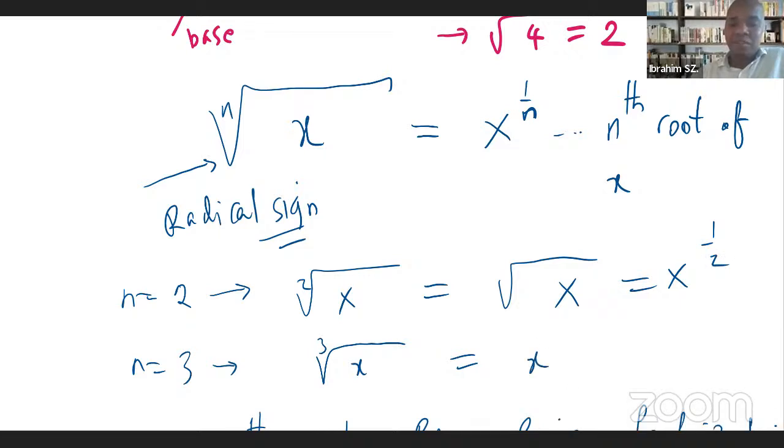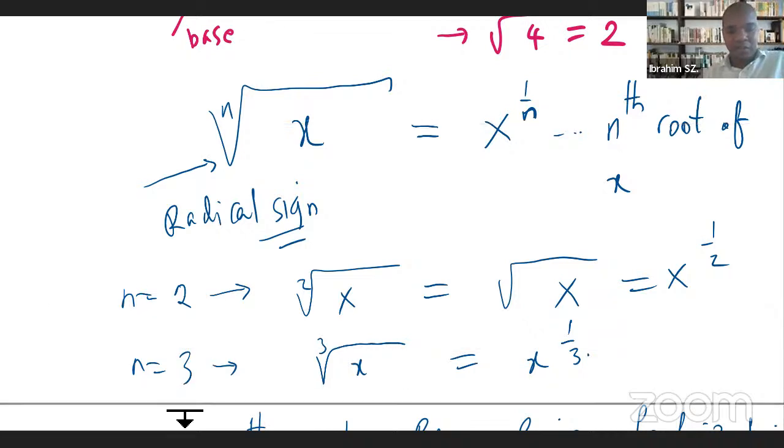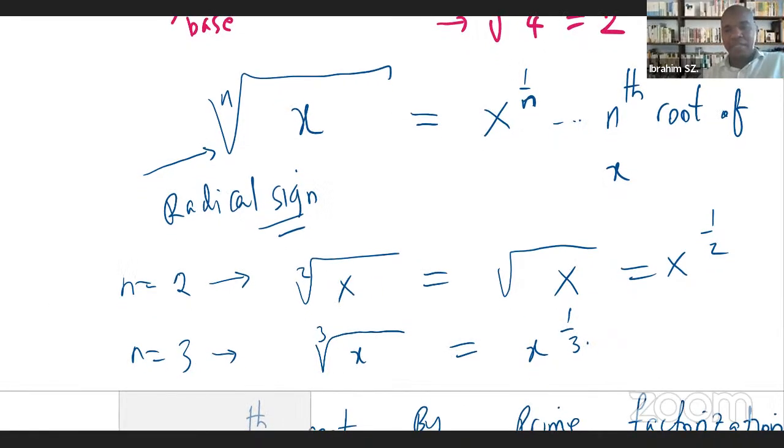And when n equals 3, hapo una cube root of x, which can be written as x power 1 over 3, as you can see from the above. Kwa hiyo generally hivi ndivyo tunavyoexpress radicals, dear students.